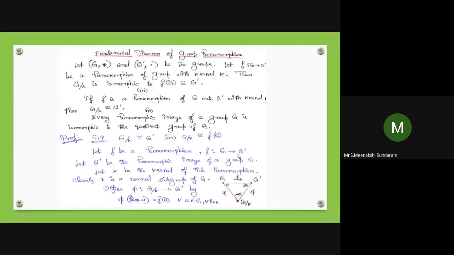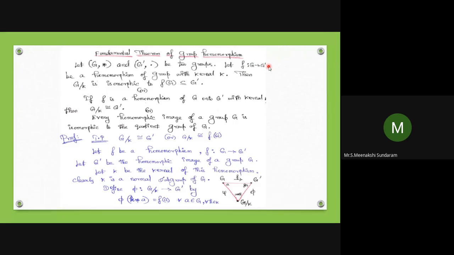That is called the kernel of the group. So K is the kernel. Then G over K, that is a quotient group, is isomorphic to F of G. Then G over K is isomorphic to the function of G, which is a subset of G dash. F of G is a subset of G dash. That is the image of G normally we take.